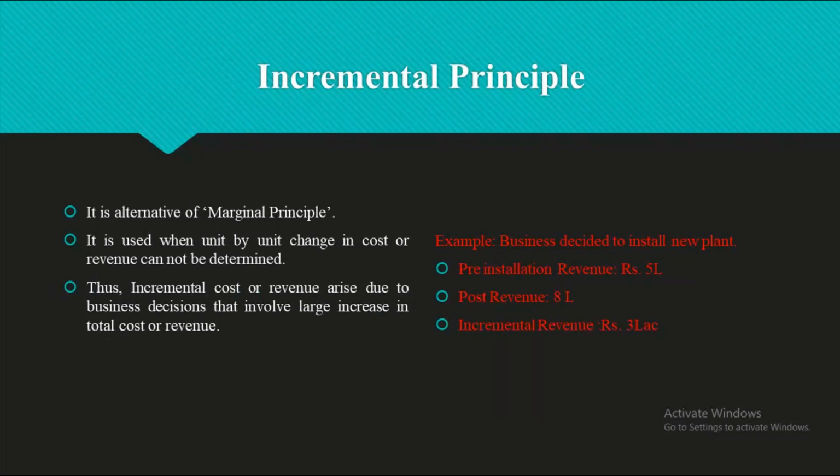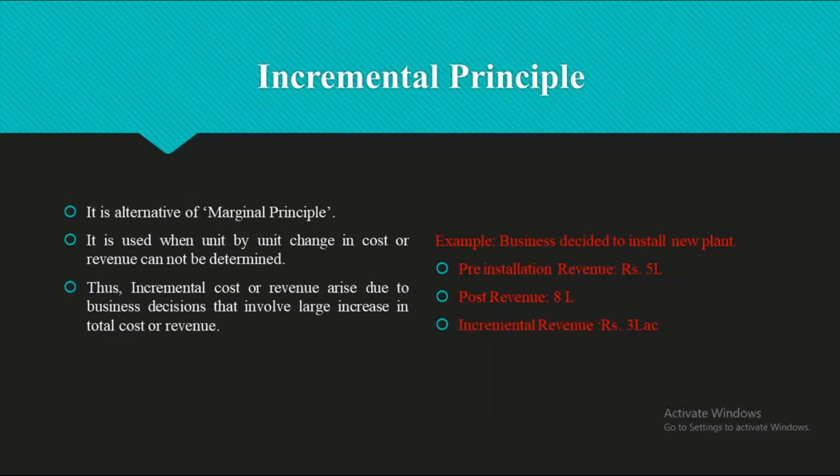So in that case, we use this incremental cost or incremental revenue principle. For example, if we want to change or install a new plant in our factory, we can look at our estimates of what the revenue is now and what the revenue will be once we have installed the new plant, because the new plant will increase the production and the sales.